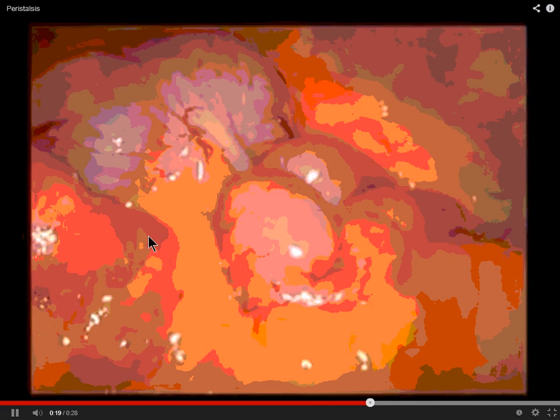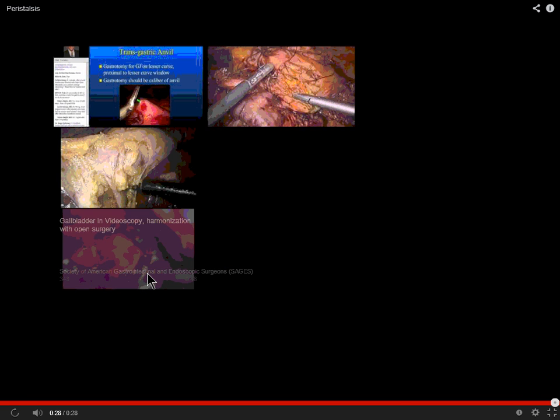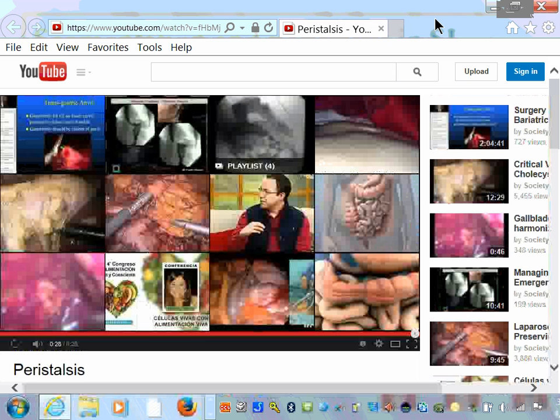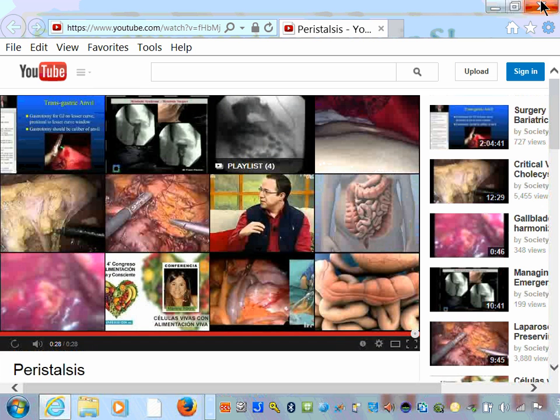So you can see the mixing that's occurring here. So that was more on segmentation really, but peristalsis would just cause a forward movement.